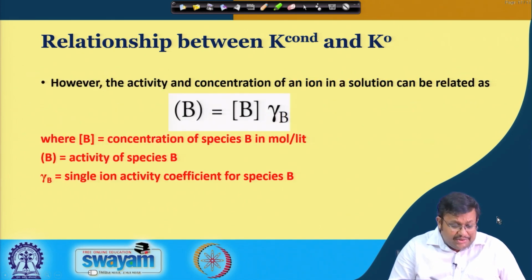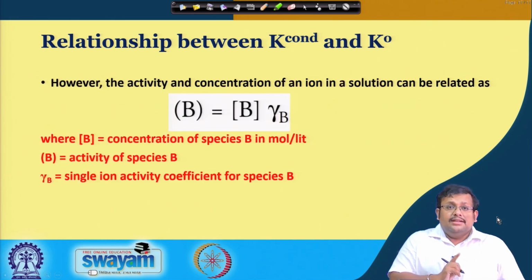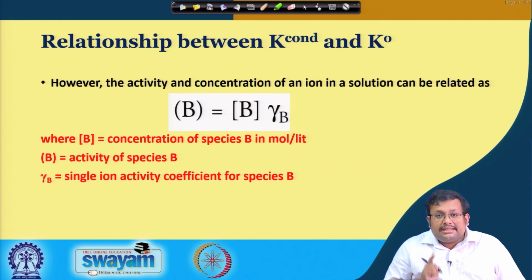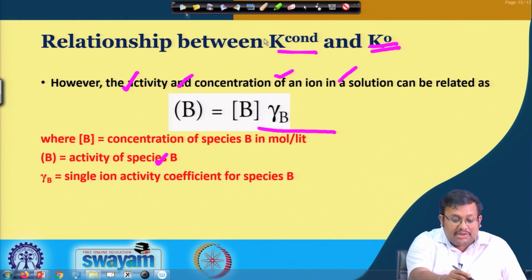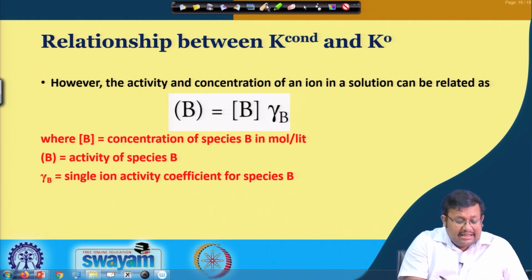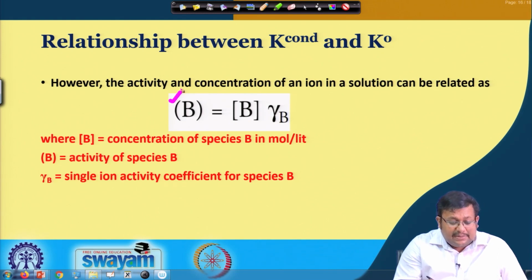discussed. Fortunately, the activity and concentration of an ion in a solution have a relationship, which is this one. The activity of a particular ionic species is the concentration of that ionic species in the solution in moles per liter multiplied by its single ion activity coefficient.